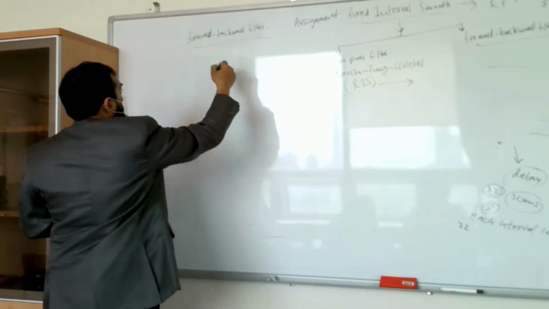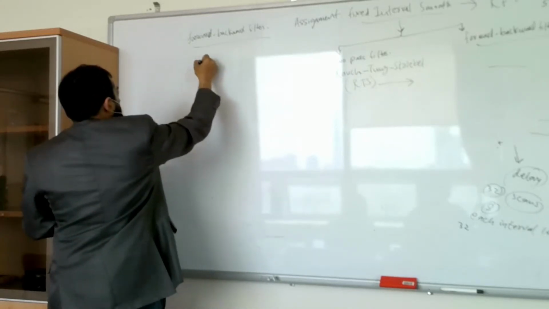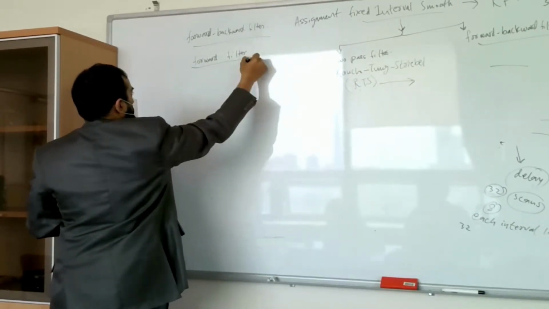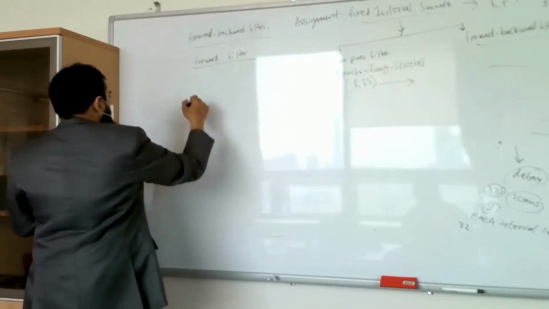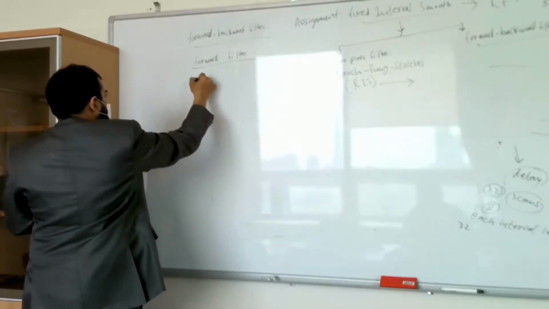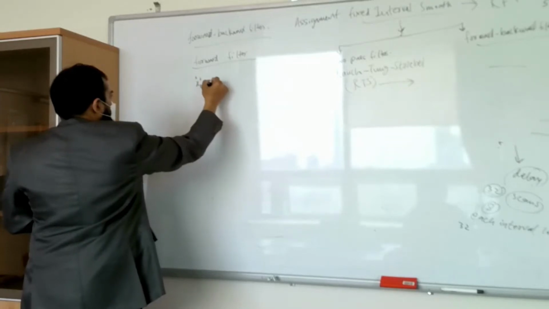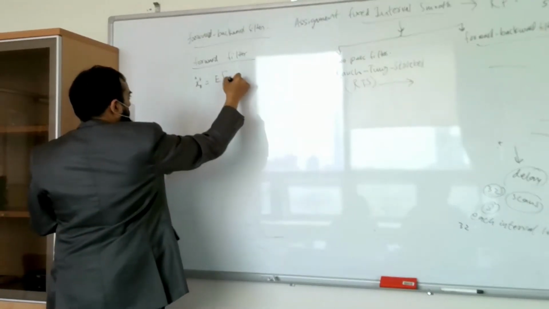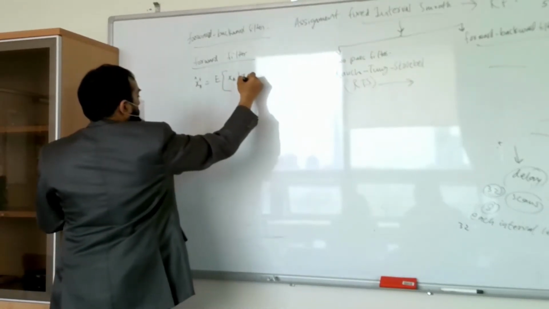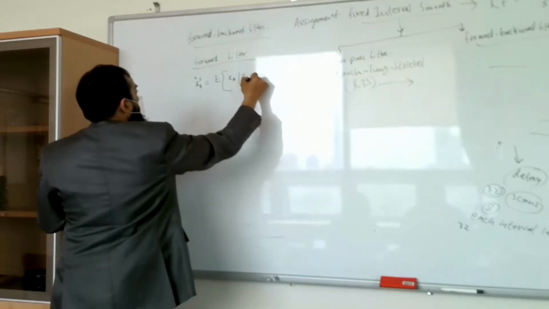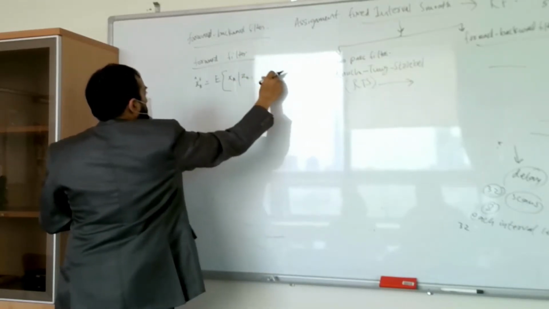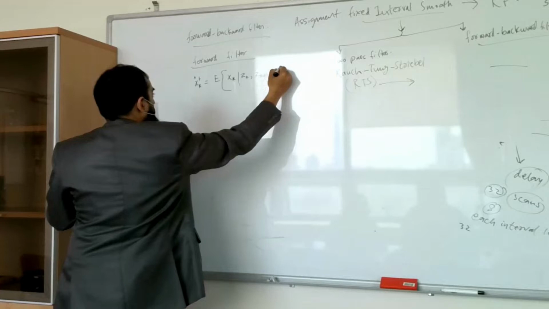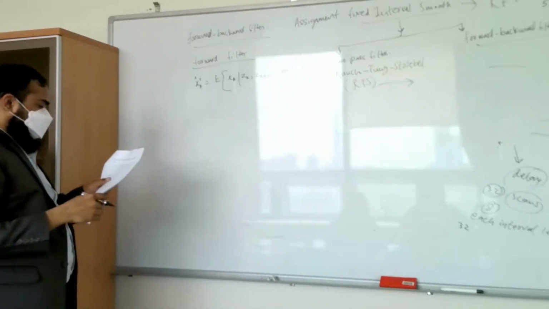So in this case, we have to obtain first the forward filter. And the forward filter estimate, where f is forward, is the expectation of x_k given z_k, z_k+1, up to z_n.